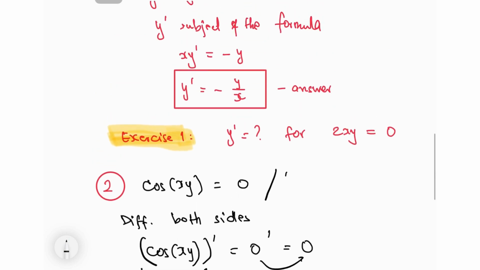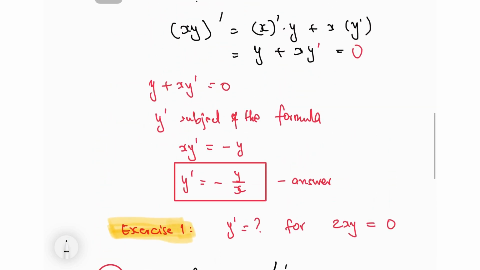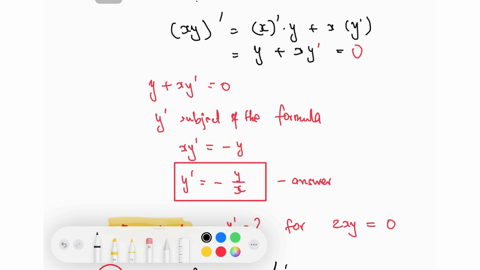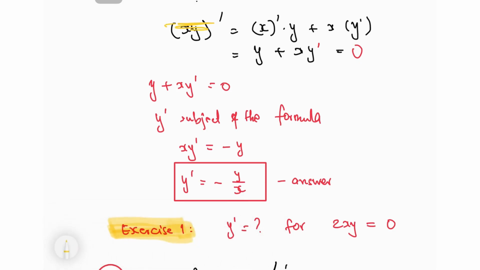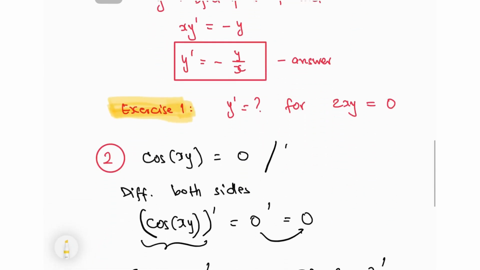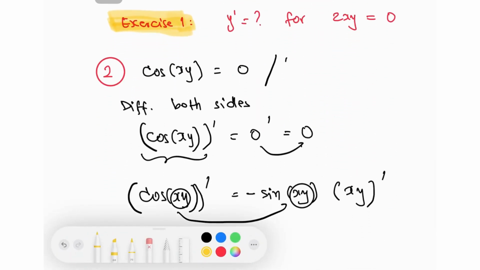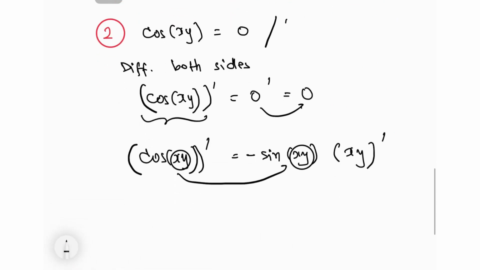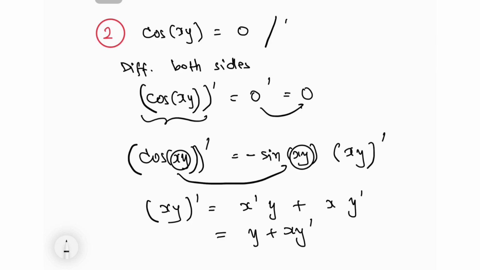We had something similar here, so this we are going to use. Again, xy prime is x prime times y plus x y prime, and that is y plus xy prime.